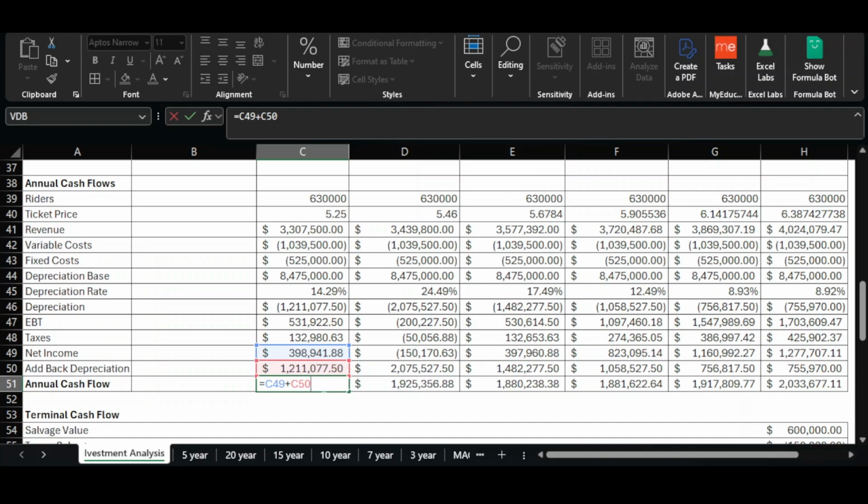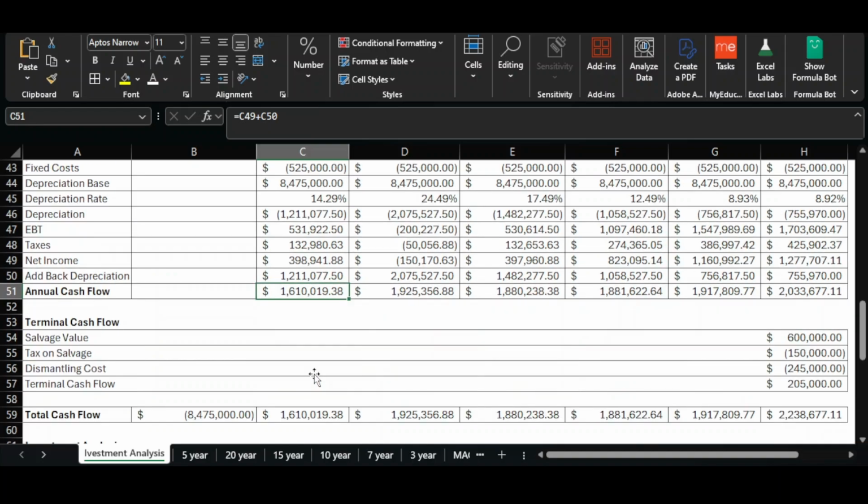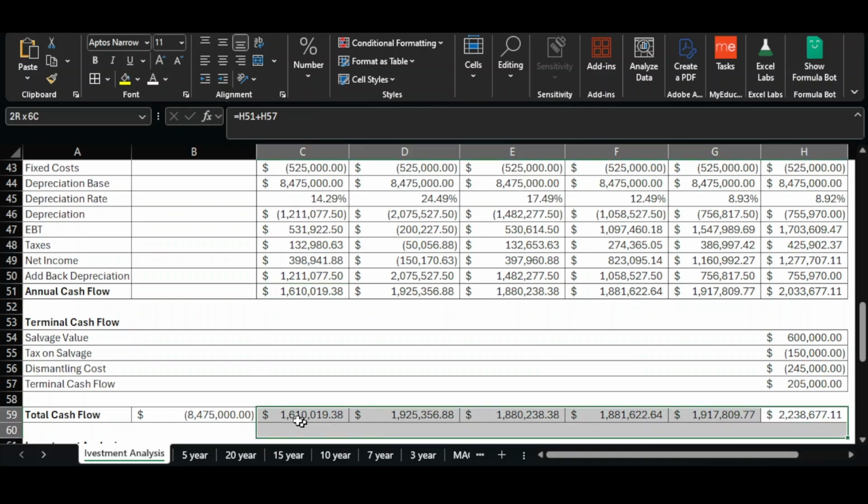That's why annual cash flow considers your depreciation, but for EBT, you have to consider it for a proper earnings before taxes, because you don't want to tax your earning by the depreciation. That's why you have to subtract it right here. All right, that's the annual cash flow. This is important because this will then be calculated down below over here.